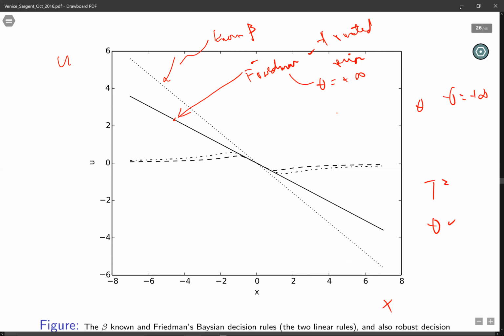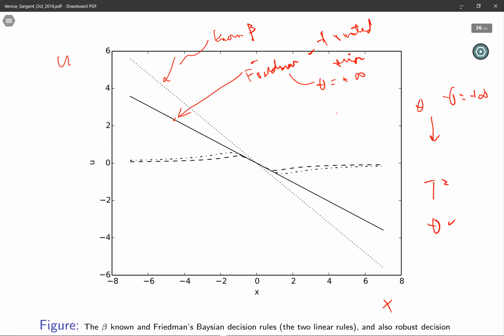But as I lower theta, I increase robustness. And what happens is, for x pretty small, you stay very close to Friedman's rule. That's what this says. But as x gets bigger, you do less and less. You become less and less active.